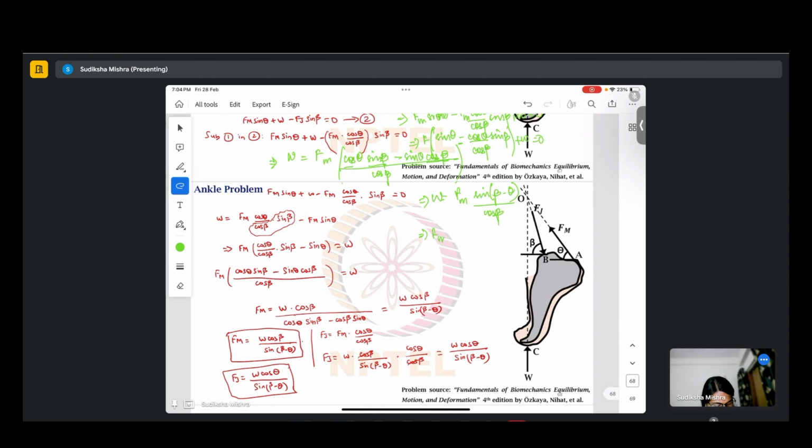So Fm can be written as w into cos beta by sin of beta minus theta. Cool. Okay, so now you have Fm.